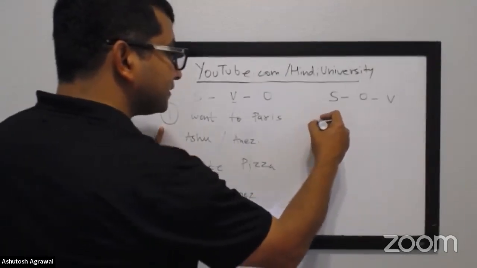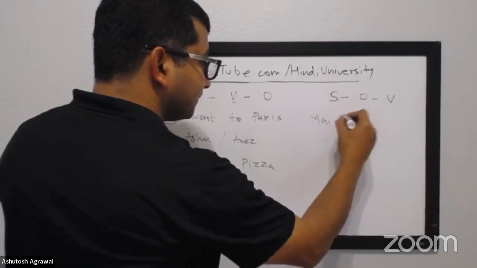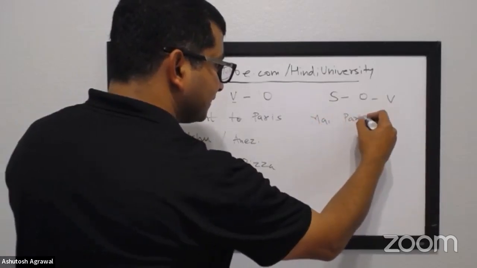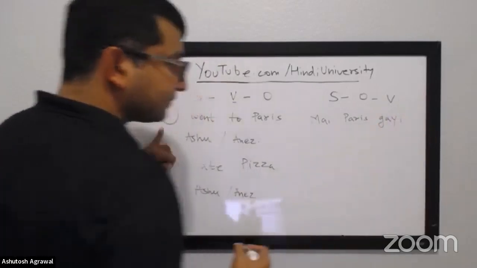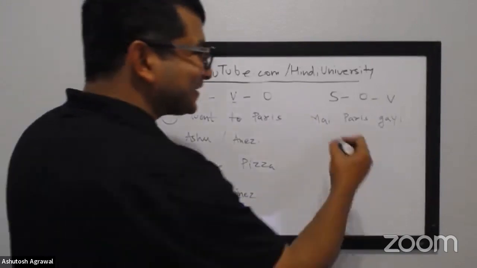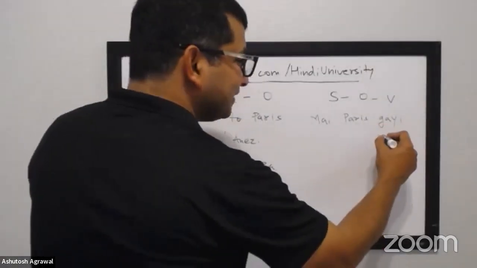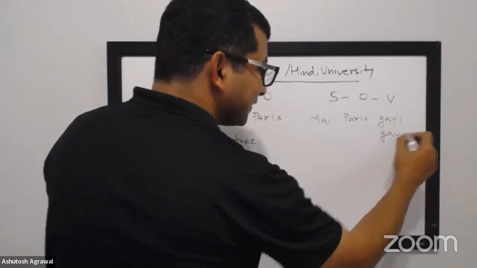I went to Paris. मैं Paris गई. Yeah, that just popped out of my mouth, I didn't even think about it. How will I say it? मैं Paris गया.